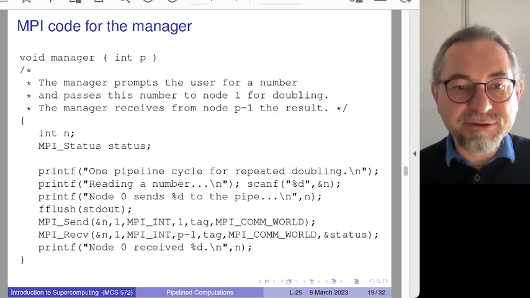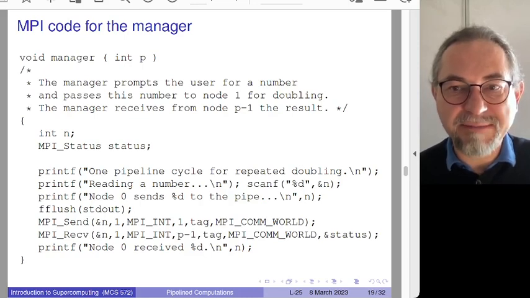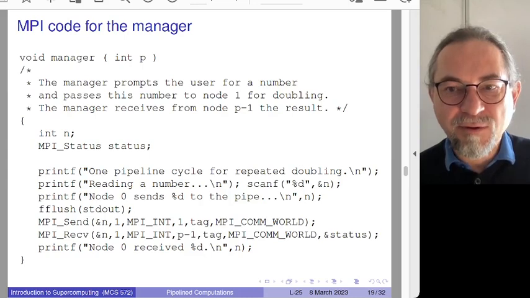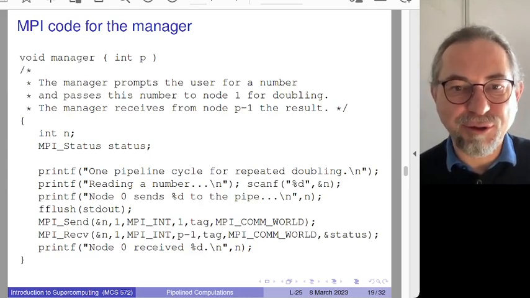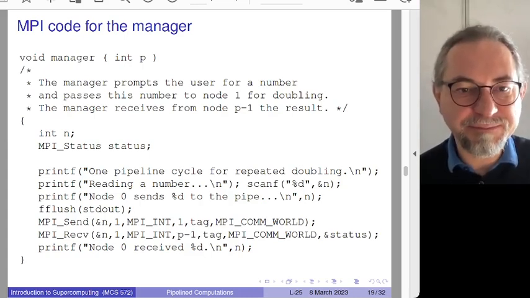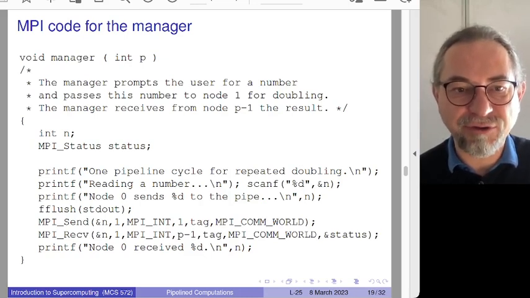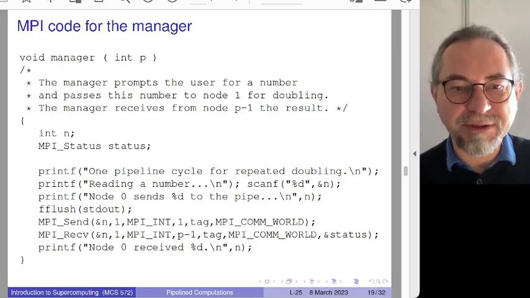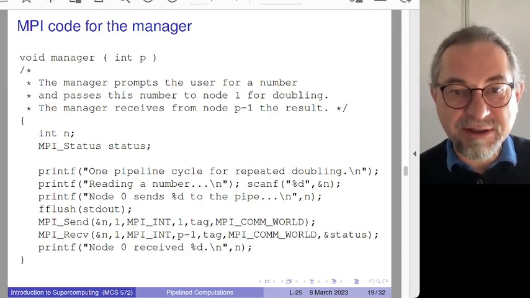Okay, some MPI code. So here is the code for the manager. So we are now again into the C world. We have a single program that's executed by multiple processors. Here what the manager does, the manager is responsible for all the printing. So it reads an interactive number, it will read a number, and it will also print a number.